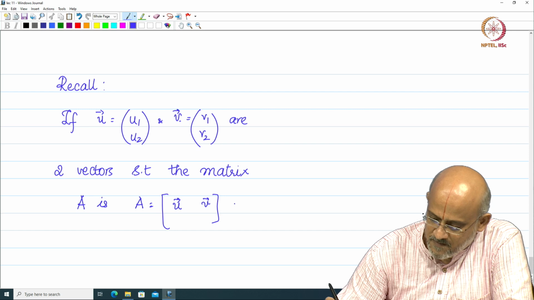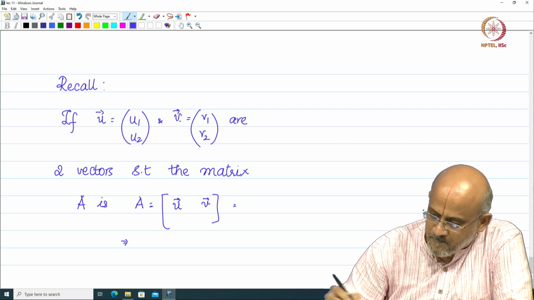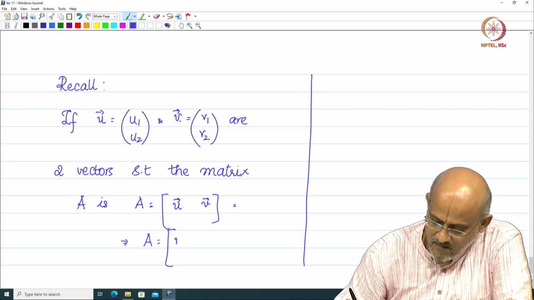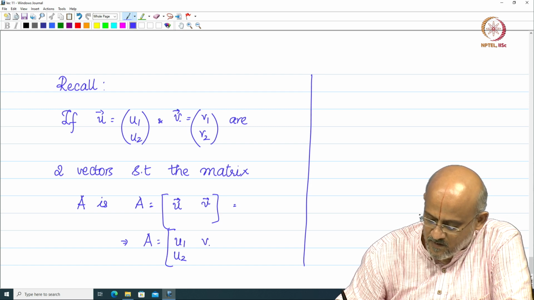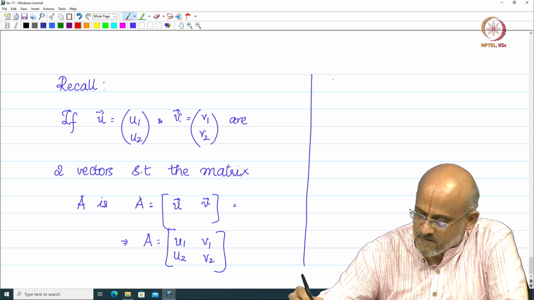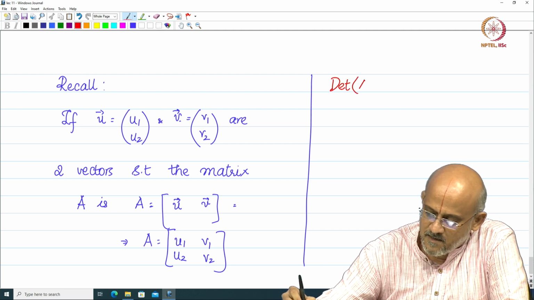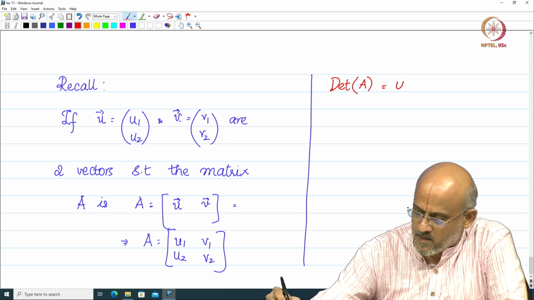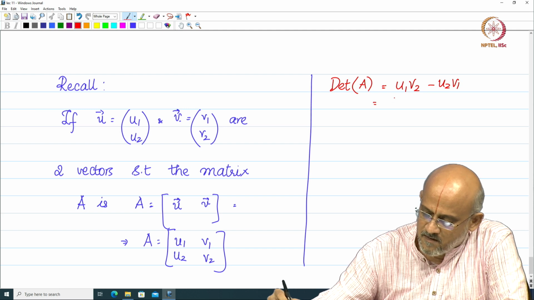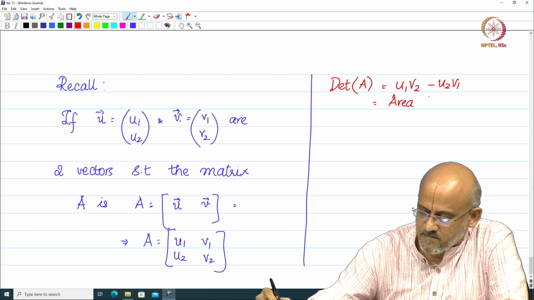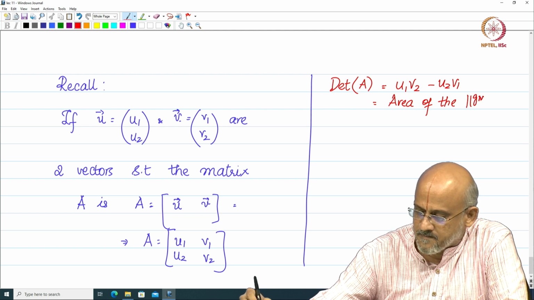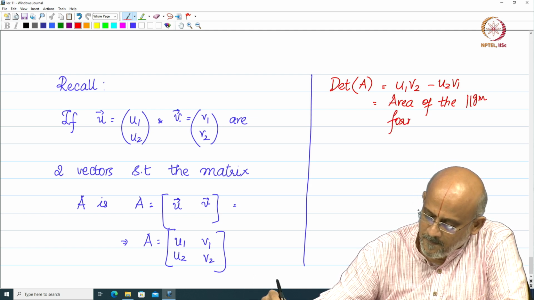That means the matrix A is going to have these vectors as the columns, u1 u2 v1 v2. We figured out that the determinant of A, which is u1 v2 minus u2 v1, was actually the area of the parallelogram formed by these two vectors.